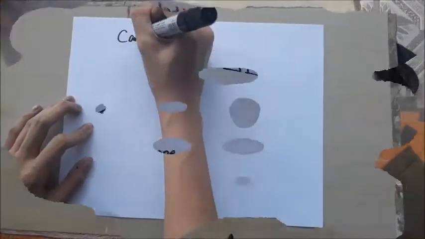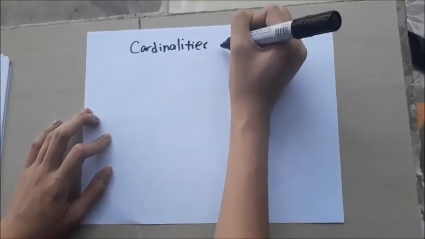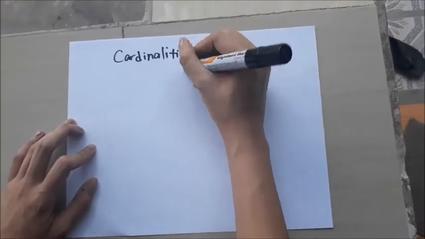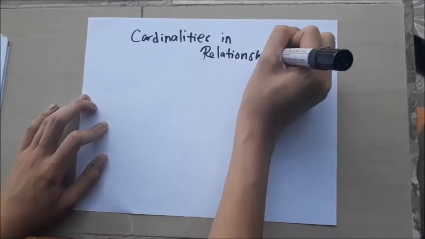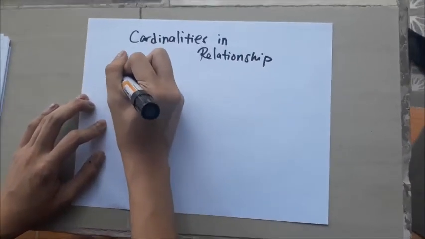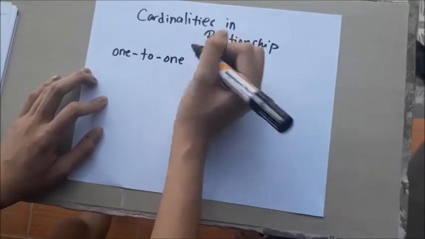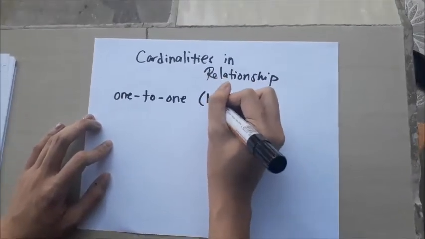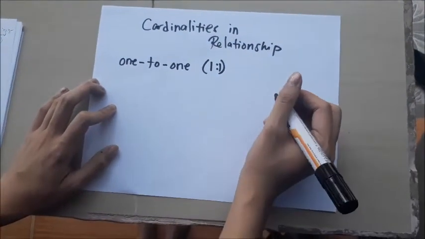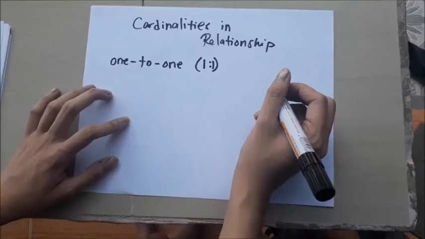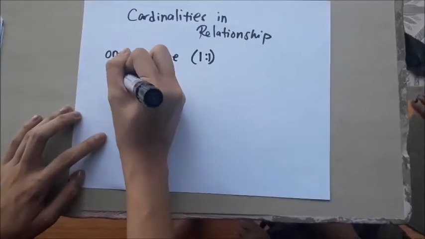Okay, the last one is the cardinalities in relationship. Here we have three, which are very common because they are often discussed. First one is one to one. The ratio of one to one happens when a person marries another person, because we can't marry two persons.